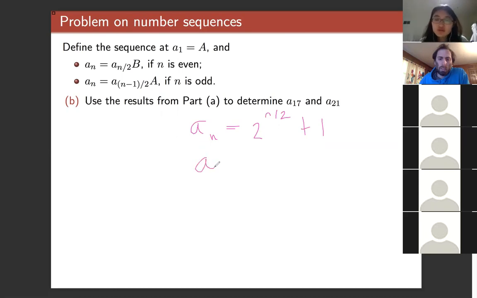So let's work through this a little bit. a sub n minus 1 was 2 to the n minus 1 over 2 plus 1. Right? Okay. So then we want to express a sub n in terms of a sub n minus 1. And so let's do the algebra. This is 2 to the n over 2. Oh, that's good, because that shows up here. And then we have minus half.